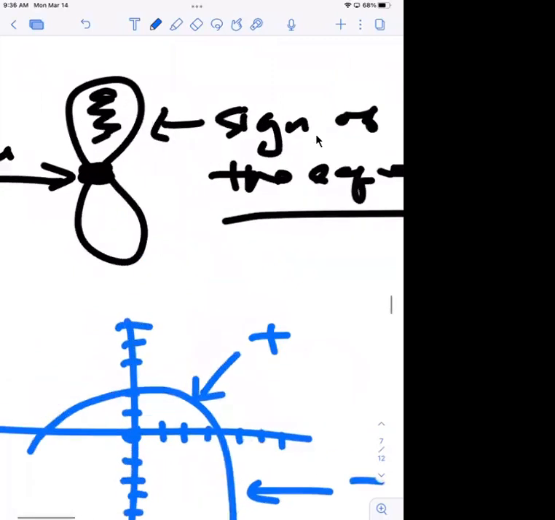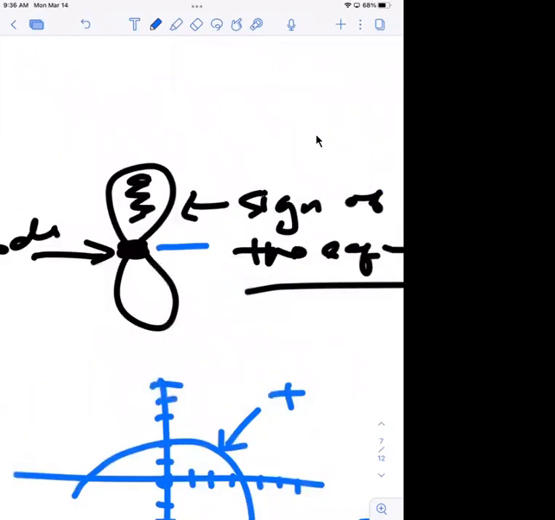If you have a p orbital and that node is there, depending on which way it's facing, because you can have a p orbital on either the x, the y, or the z axis, but that's beside the point, the sign of that equation is going to change because of that node, right? So the node represents a place where the equation passes through 0. So the sign is going to change based on where that node is.